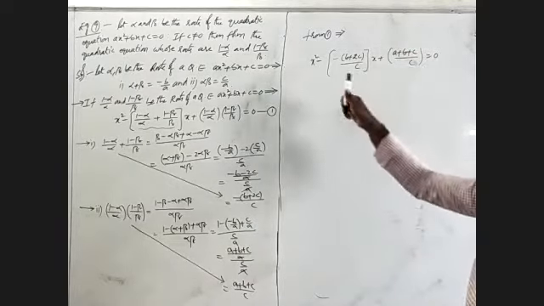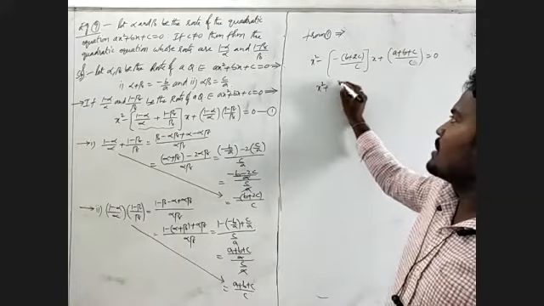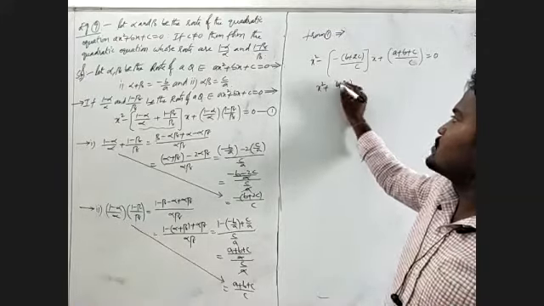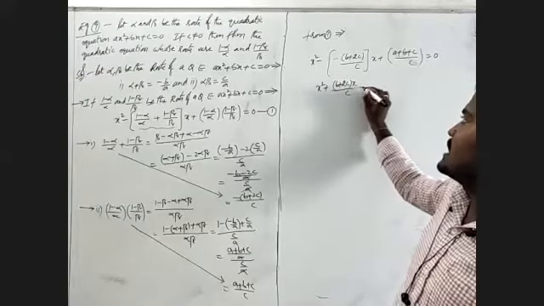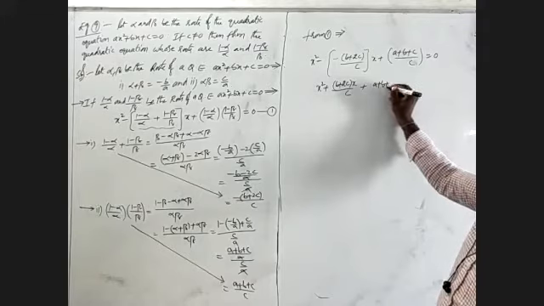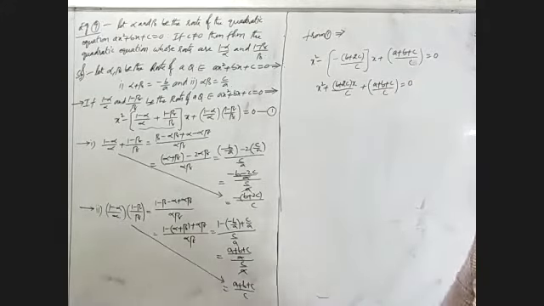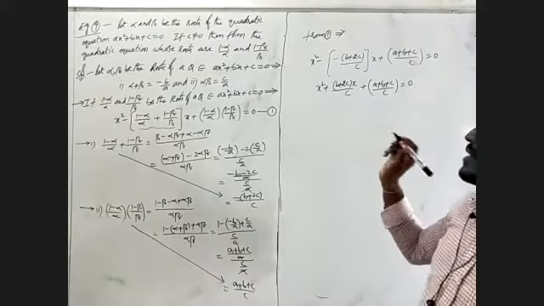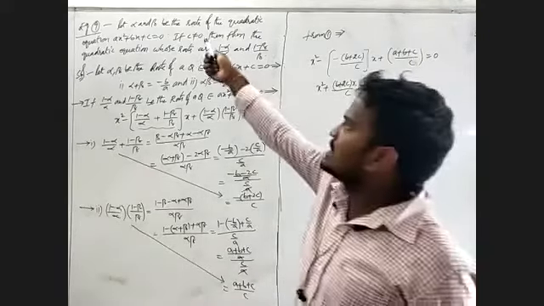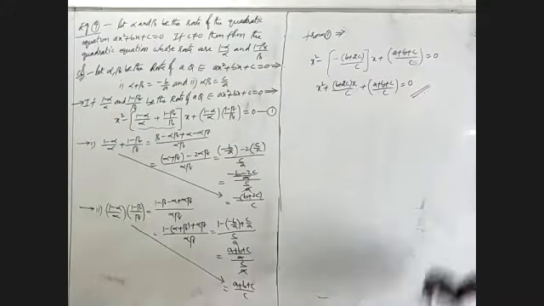Observe, minus into minus will become plus. So x square plus (b plus 2c) into x by c plus (a plus b plus c) by c is equal to 0. Taking c as the denominator, that is the value. By the problem, c does not equal 0 is given. This is the required quadratic equation.